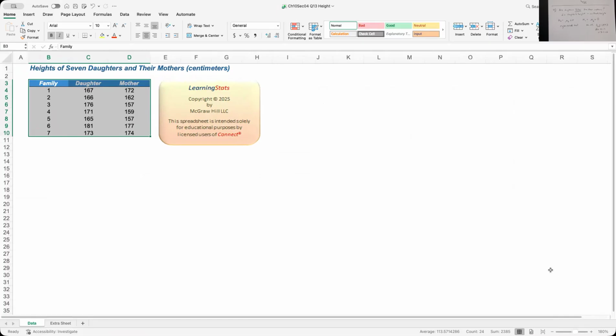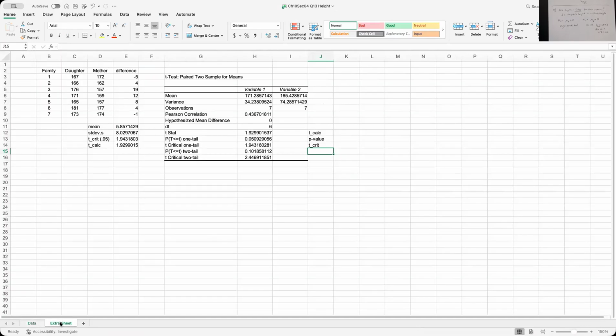Here's my height data. If I do this as a one-tail test, I need all the differences. So I subtract: daughter's height minus mother's height. There's the difference column. I have a mean, I have a standard deviation, and I have a calculated t-value.